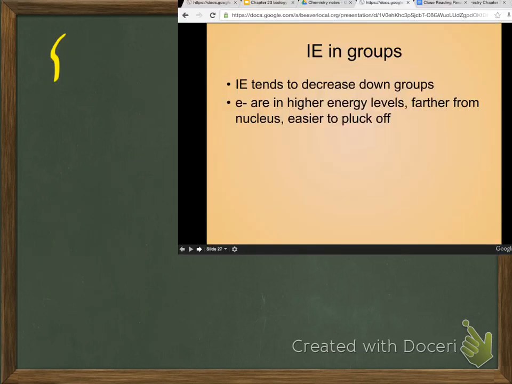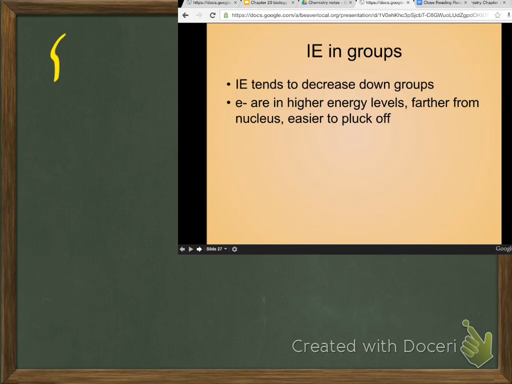And you guys are pretty good, I think, at predicting that based on what happens to radius. You can think through an example of, well, this would have a larger radius or this would have a smaller radius. If you understand the connection between radius and ionization energy, you only have to remember the trends in radius.